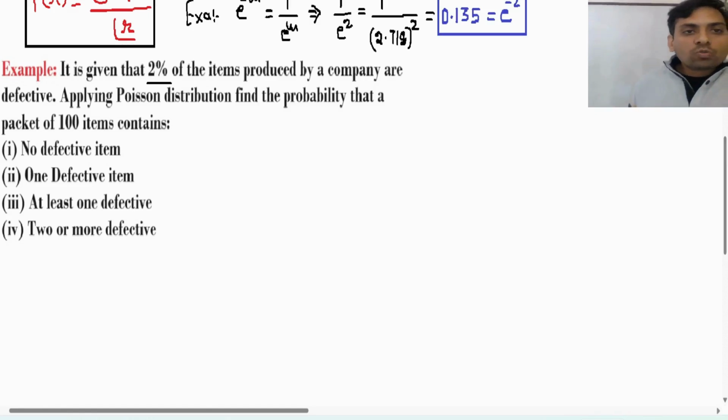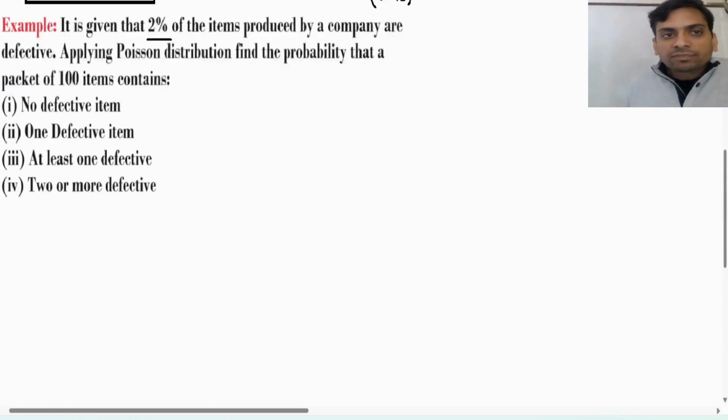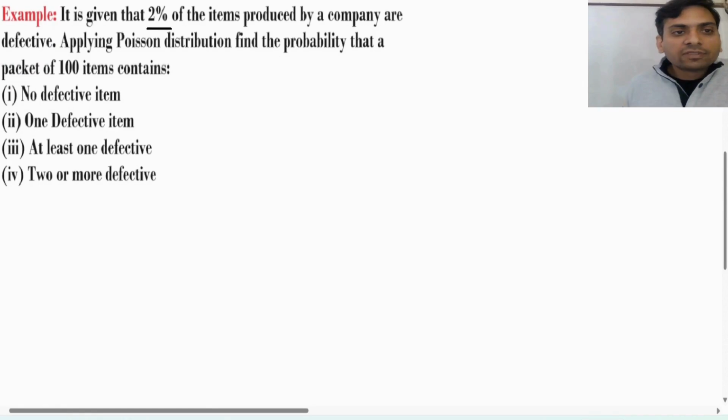Okay. So this 2% is what? Probability of defect. So in the solution, we will write first, probability of defect.